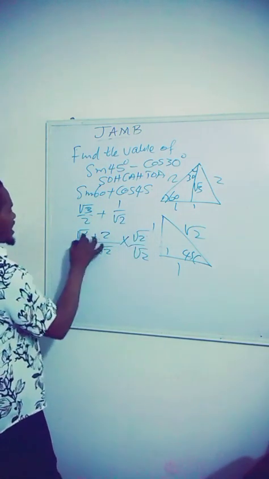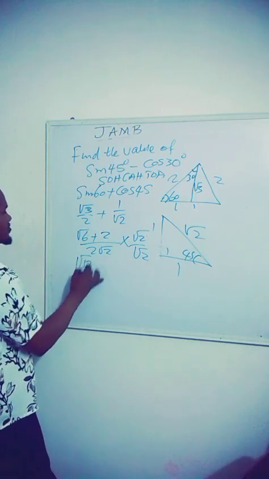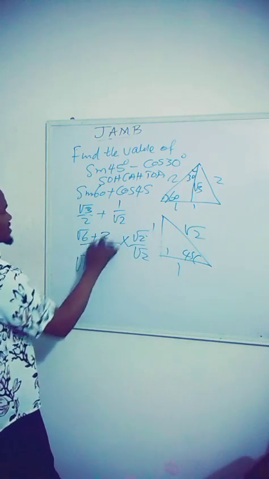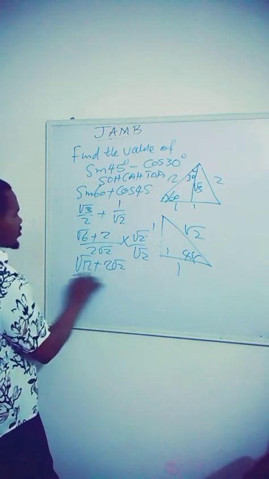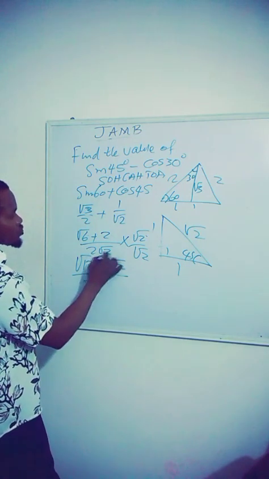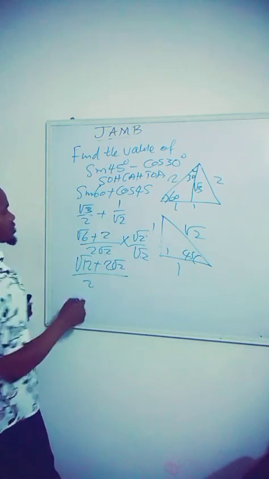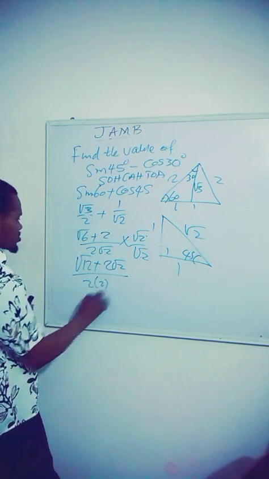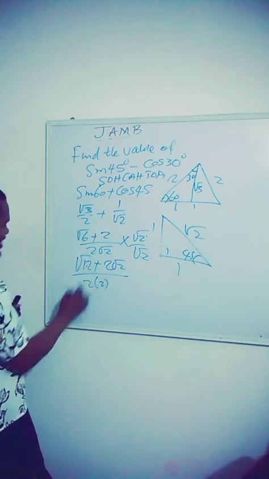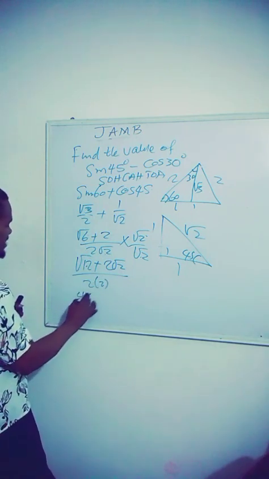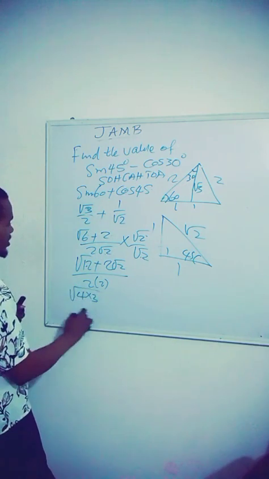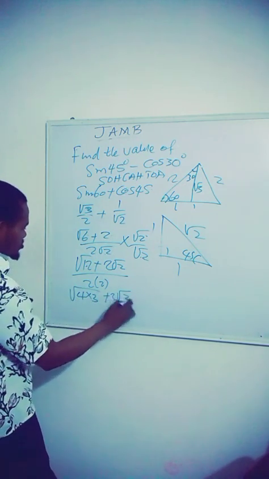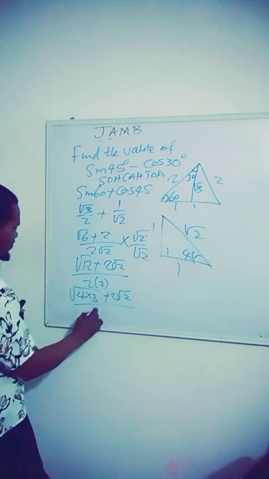So now, this times this, you have root 12 plus root 2 times this, you have 2 root 2 over 2. Root 2 times root 2 is root 4, and the square root of 4 is 2. You can split 12 into 4 times 3. Then plus 2 root 2 over 4.